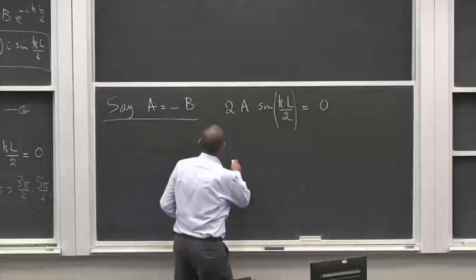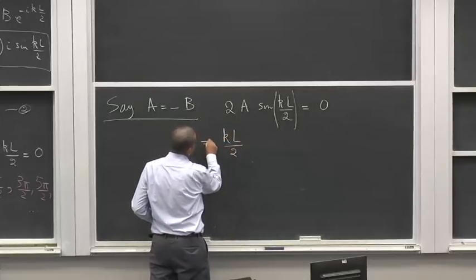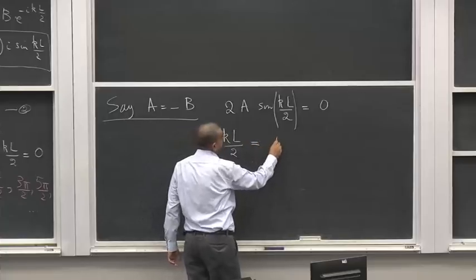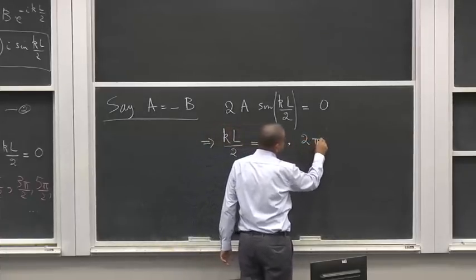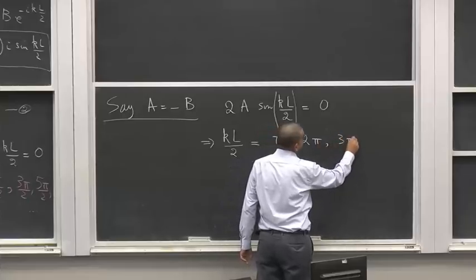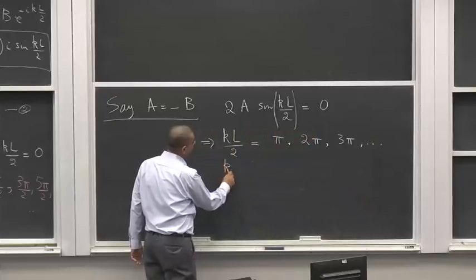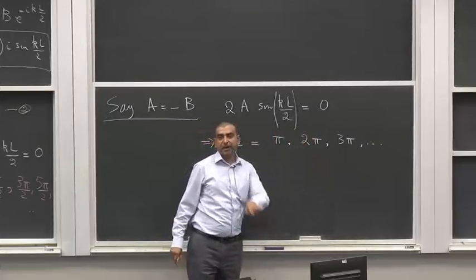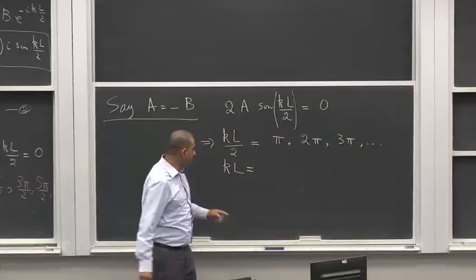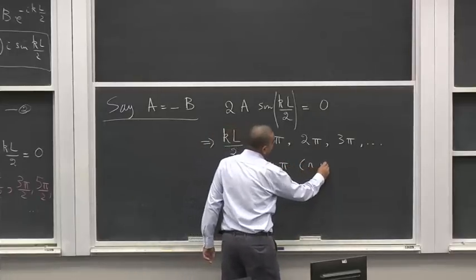So my KL over 2 must be pi, 2 pi, 3 pi and so on. Which means my KL must be equal to 2 pi, 4 pi, 6 pi, 8 pi. In other words, my KL must be equal to n pi, with n is even.